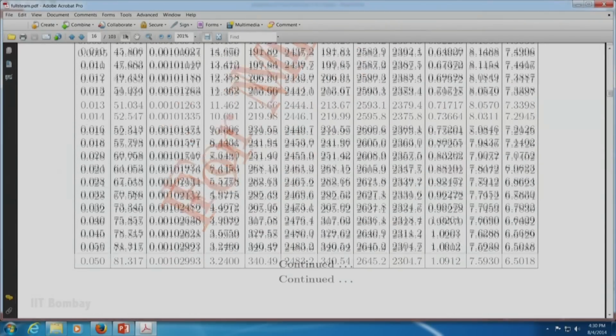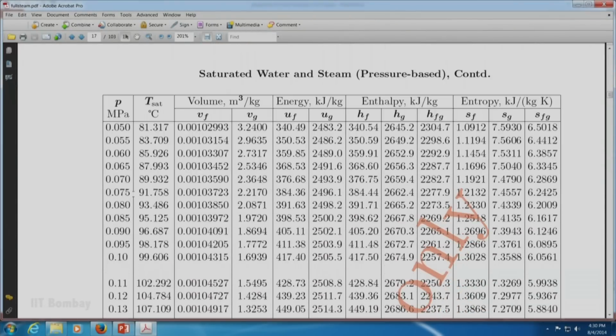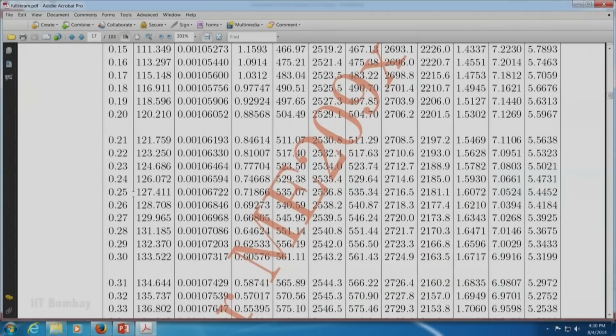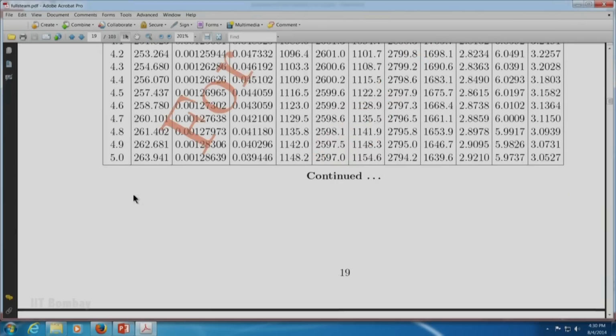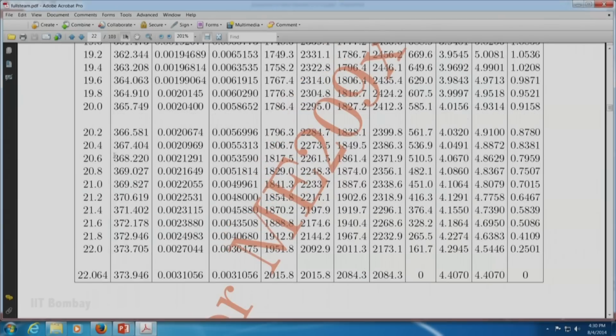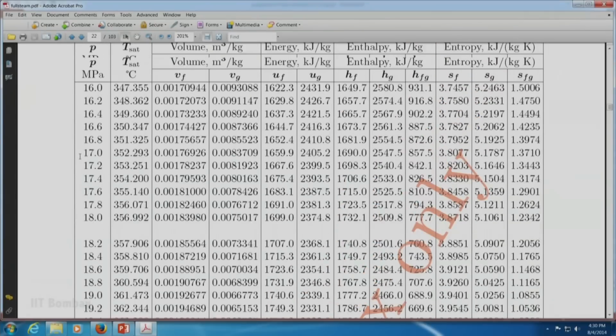So similarly now I will go from triple point pressure up to critical point pressure in this table 2. So here you can see that this is my critical pressure 22.064 MPa, and corresponding to that you got Tsat P, or a temperature which is a critical temperature, 373.946, alright.